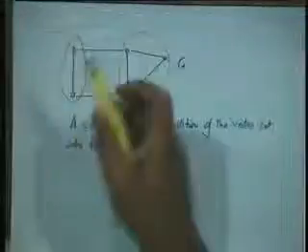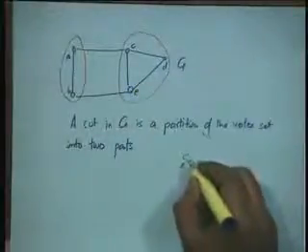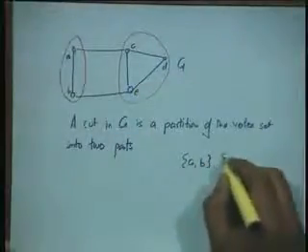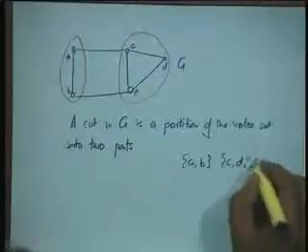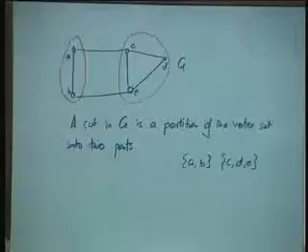So if for instance I had vertices A, B, C, D, E, then the first cut I am considering is A, B on one side and C, D, E on the other side. There could be many other cuts possible.